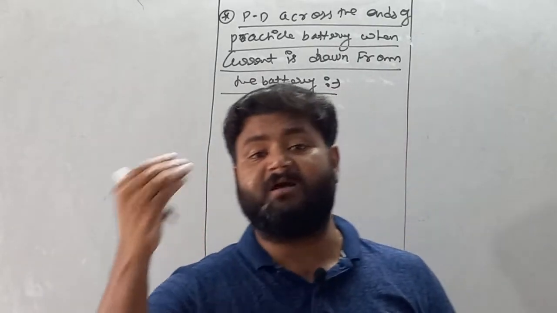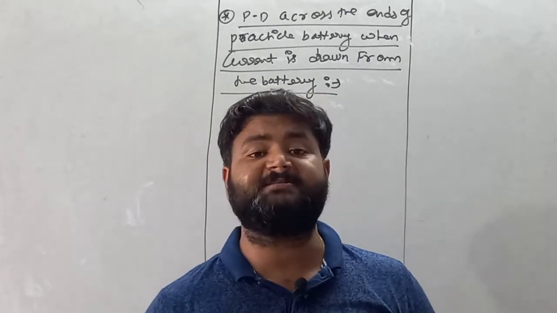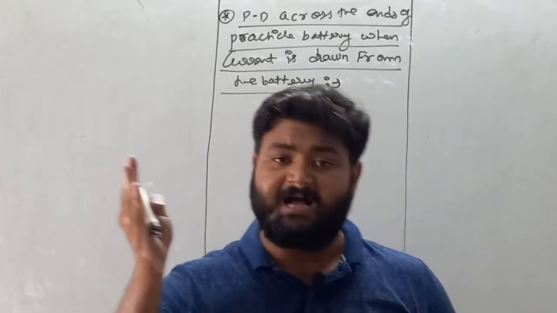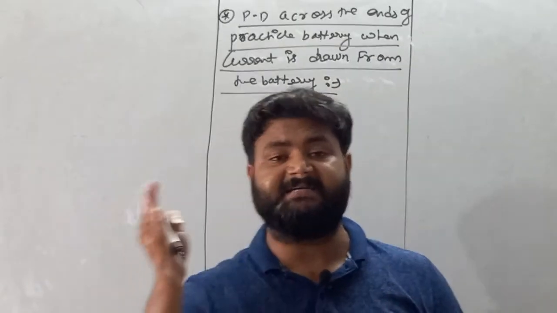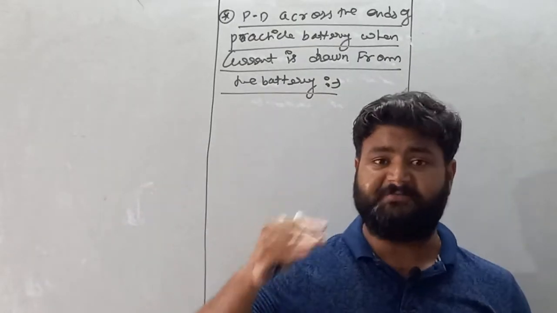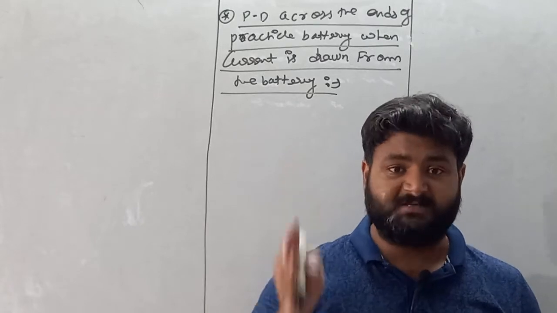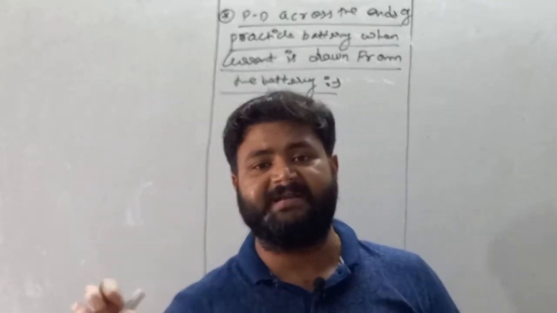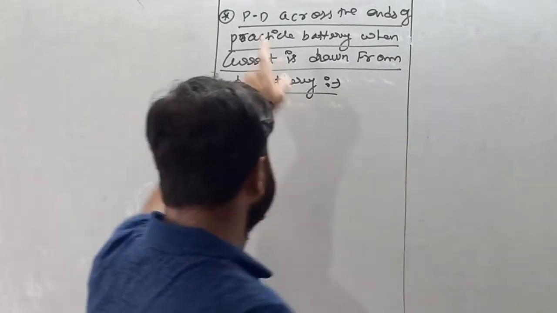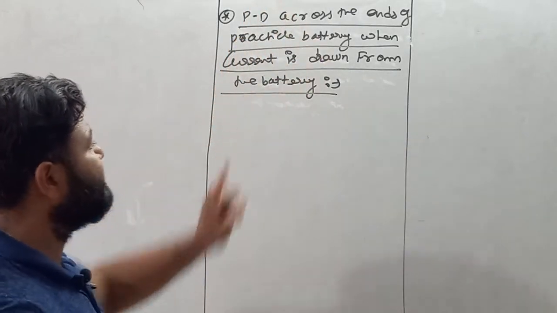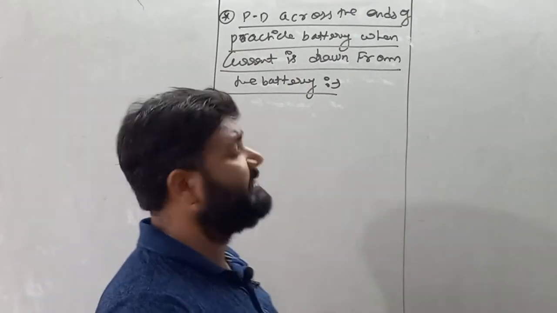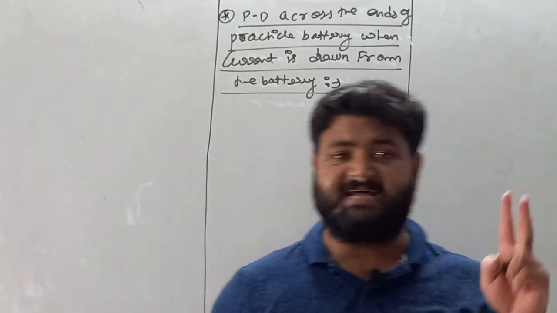If current is drawn from the negative terminal of the battery, it is quite surprising, because we know that current always flows from higher potential to lower potential, that is, from positive to negative, but we will discuss how it is possible for current to come out from the negative terminal of the battery.